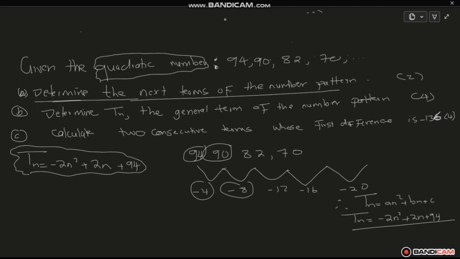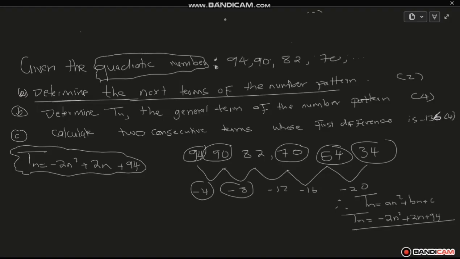So 70 minus 16 will give us 54. Then 54 minus 20 will give us 34. I hope you saw how I got negative 16 and negative 20. So these are the next two terms, 54 and 34.